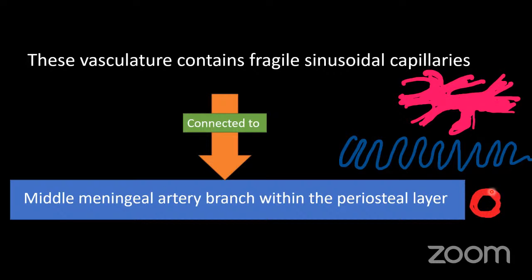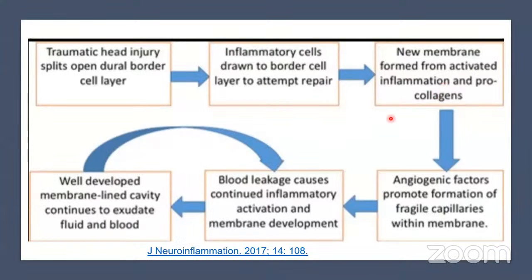the periosteal layer will supply blood to the fragile sinusoidal capillaries, which get into a high proliferative stage in the border cell layer. So basically, the cascade is: traumatic head injury splits open the dural border cell layer, then inflammatory cells come and try to repair it, and a new membrane is formed due to activated inflammatory products.